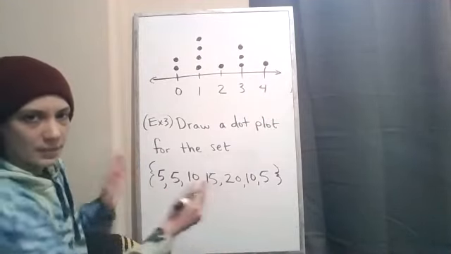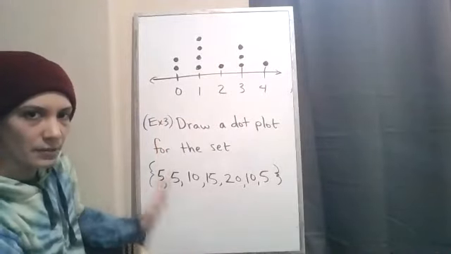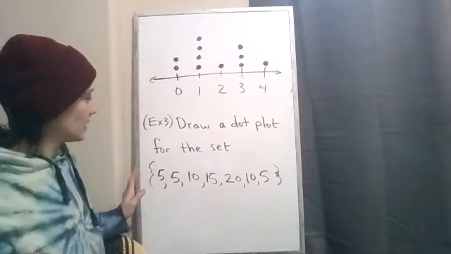So to make the picture fit on the board, we're going to scale it down and have the labels be 5, 10, 15, 20.